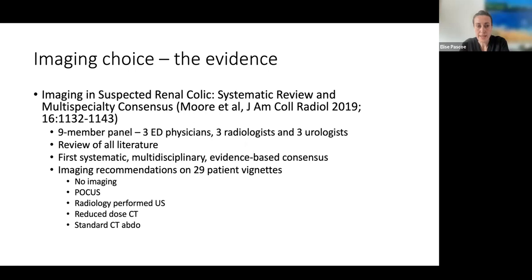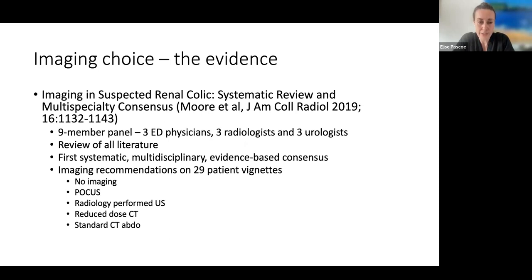Then in 2019, there was a systematic review performed by a 9-member panel, including 3 ED physicians, 3 radiologists and 3 urologists, looking at choice of imaging in simple renal colic.